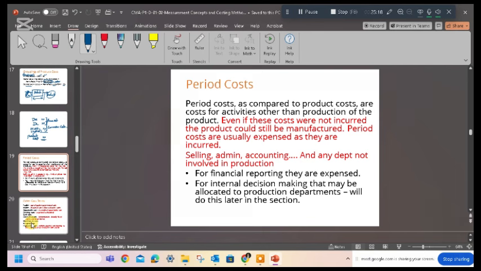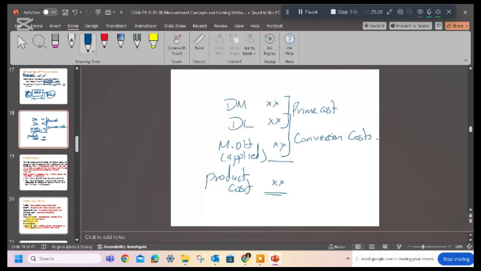So we were discussing product cost. In product cost we have all these three: material, labor and manufacturing overhead. Within manufacturing overhead, what do we get? Indirect material, indirect labor, other production expenses.